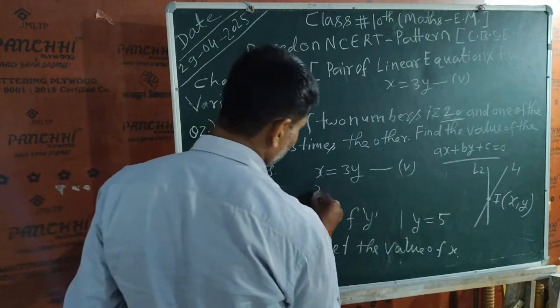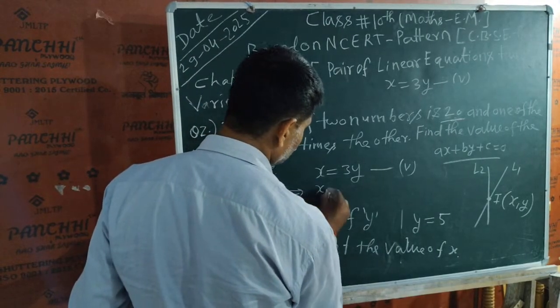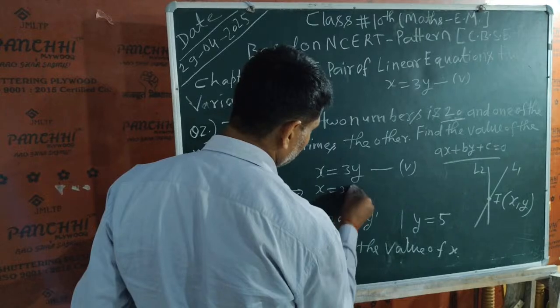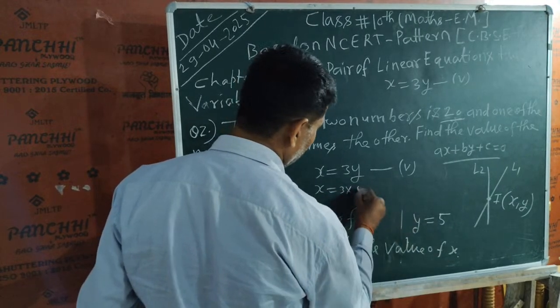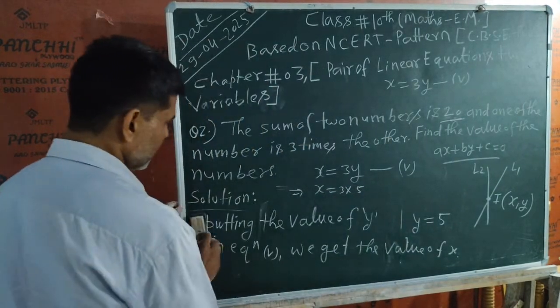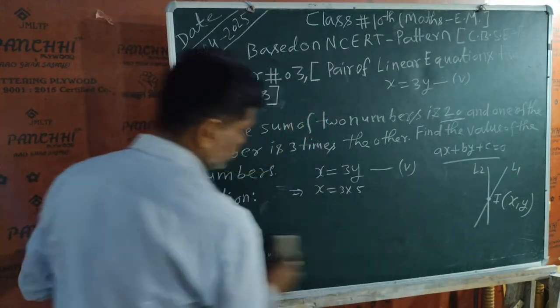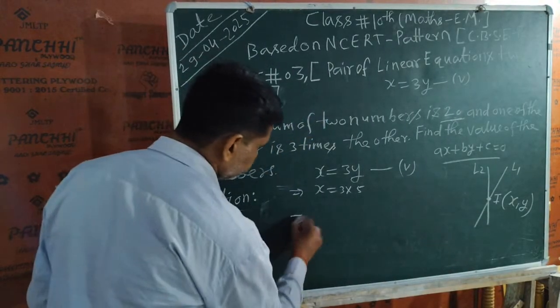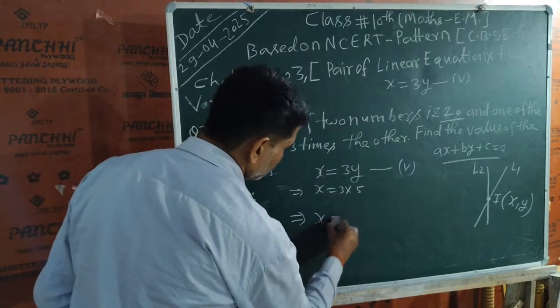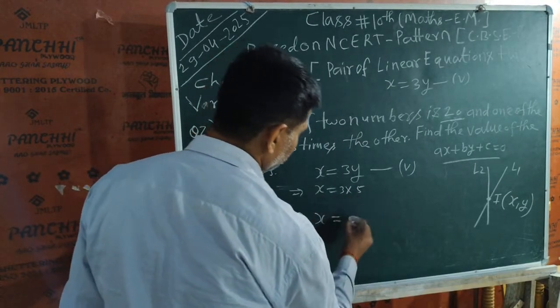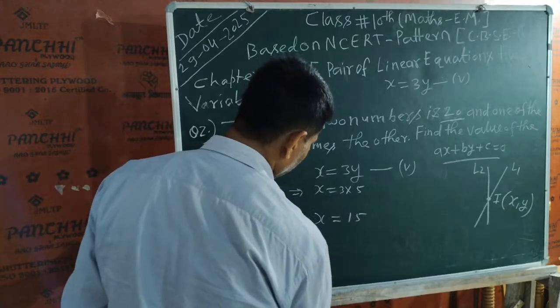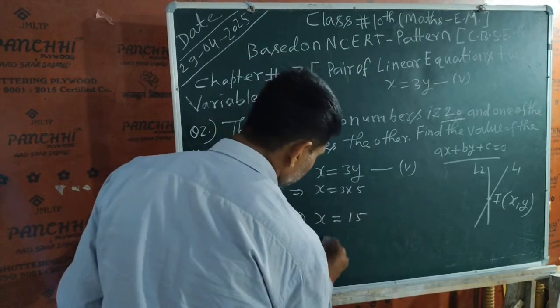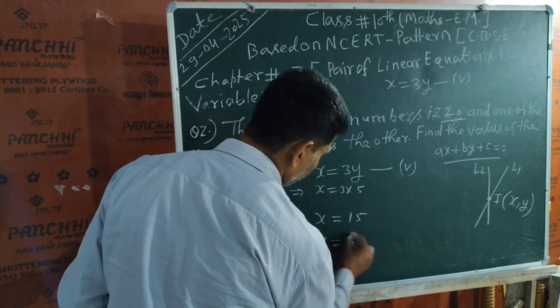So now I put x is equal to 3 into the value of y, which is written here as 5, so I will put 5. Now further I am going to erase this one. So I will say x is equal to 3 into 5, and 3 fives are 15. Okay. So the value of y I have already got, y is equal to 5.